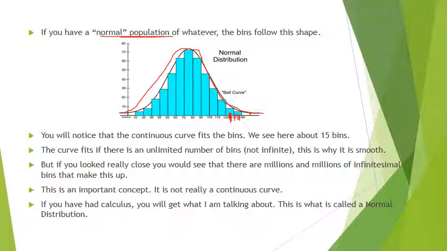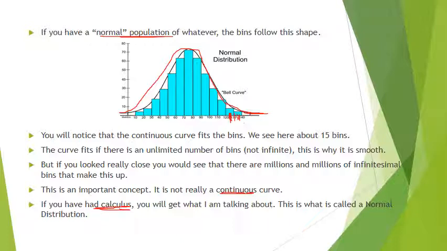But what you can do is break this up into really, really tiny bins like this. So it's really not continuous, but in calculus we do call it continuous because of our infinitesimal properties here. If you've had calculus, you've learned about this.